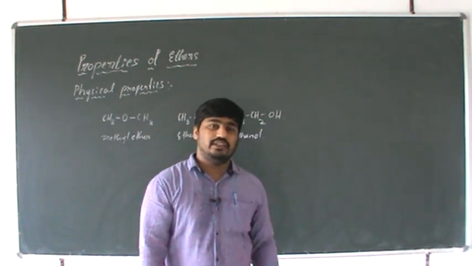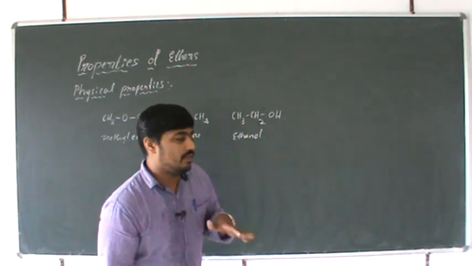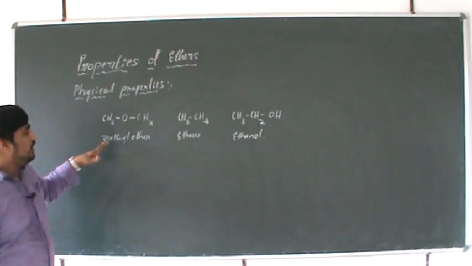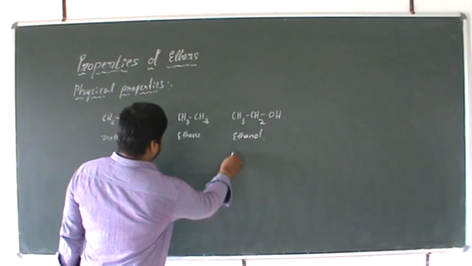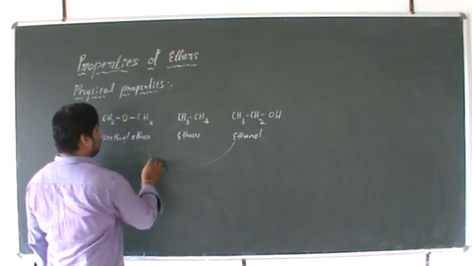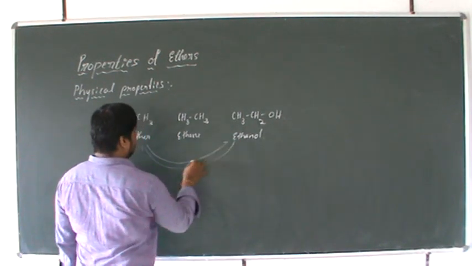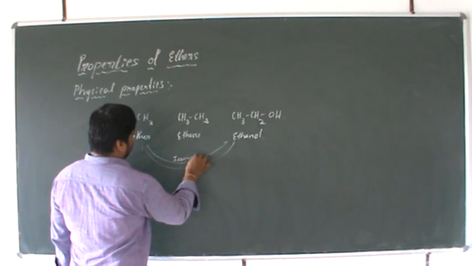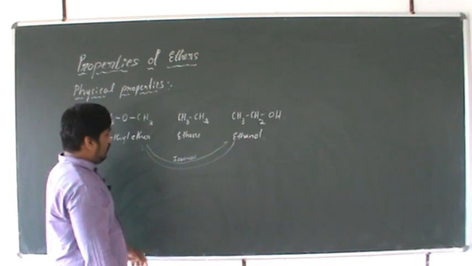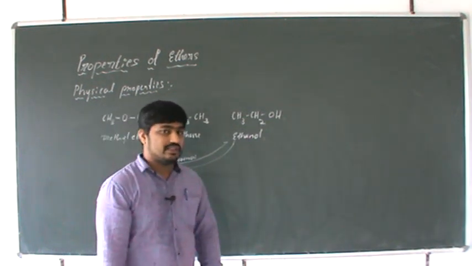When we compare these 3 compounds, diethyl ether, ethane, and ethanol, these are isomers. I think you are already studying this in the first year. What type of isomerism is observed?